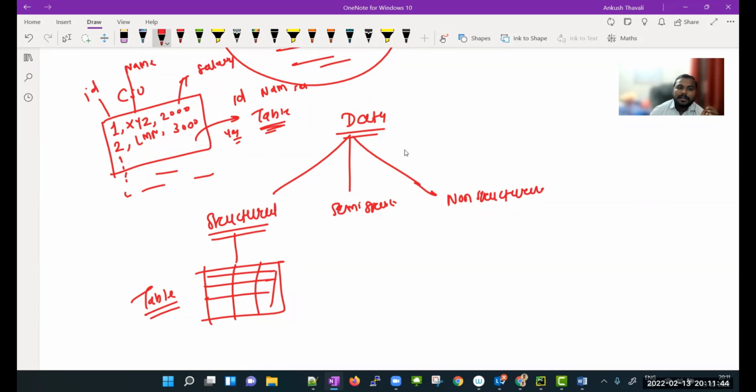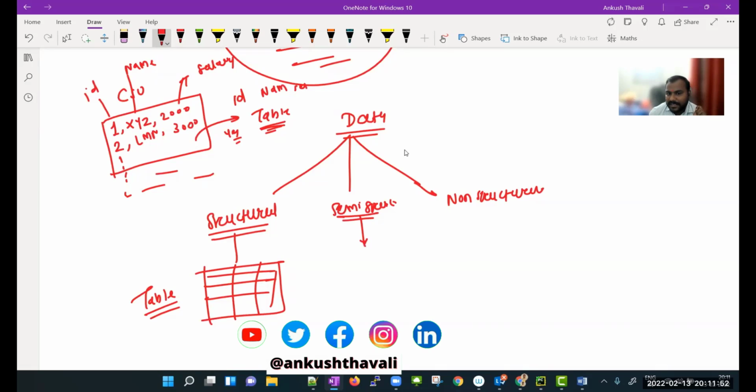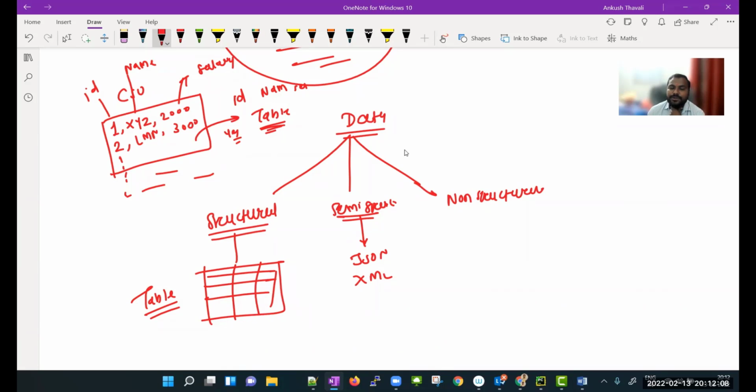Okay. Now let's try to understand what is meant by semi-structured data. Semi-structured data means data which can be stored in the form of JSON or XML. This is your semi-structured data. This kind of data you cannot directly store in a table.